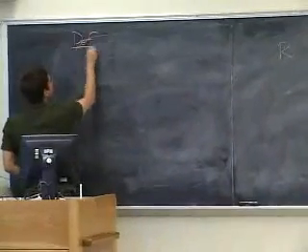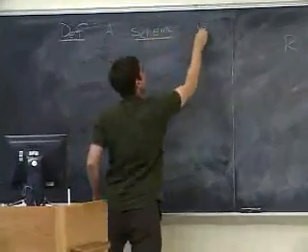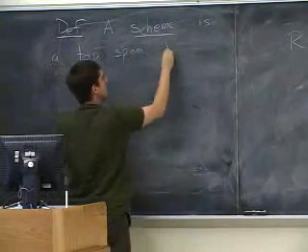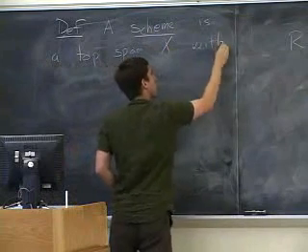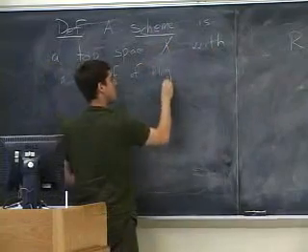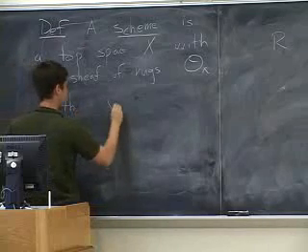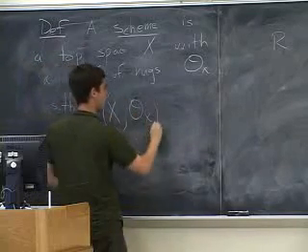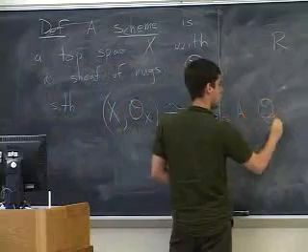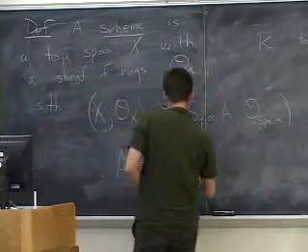So, definition: a scheme is a topological space X with a sheaf of rings O_X such that the pair (X, O_X) locally looks like (Spec A, O_Spec A), where here A is a commutative ring.